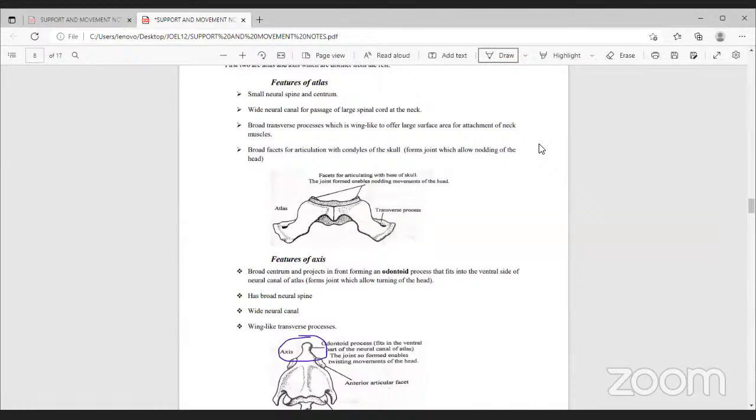Somebody is asking which website we can get the notes. These are not website notes. They are PDF notes. I have them in my laptop. They are my notes. Maybe I can share them with one of the students.